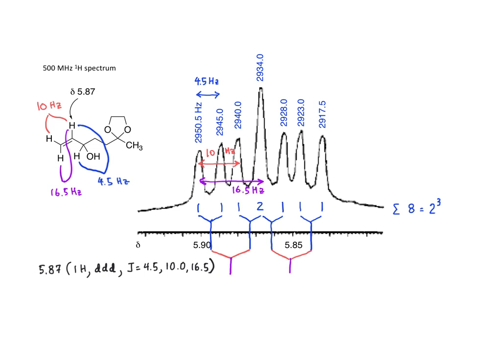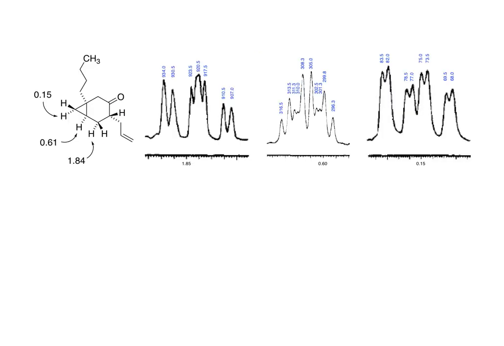The last spectrum. In this set of data, Hoye has presented the multiplets for hydrogens at 3 contiguous carbons. I don't have access to the complete spectra. These are just the 3 that he highlighted, probably because they did not overlap with other peaks. Hopefully, it's pretty easy for you to look at the first one at 1.85 and the last one at 0.15 and determine that each of these is a doublet of doublets.